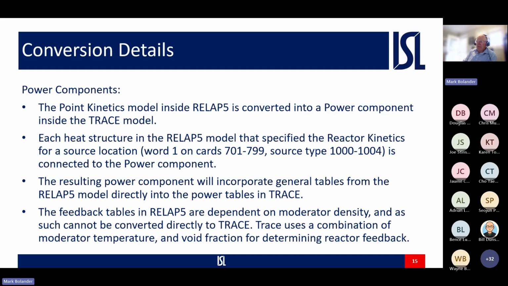Feedback tables in RELAP are dependent on moderator density and as such can't be converted directly into TRACE. But TRACE uses a combination of moderator temperature and void fraction for determining the reactor feedback. So there's going to be a little manual converting there for you to do.